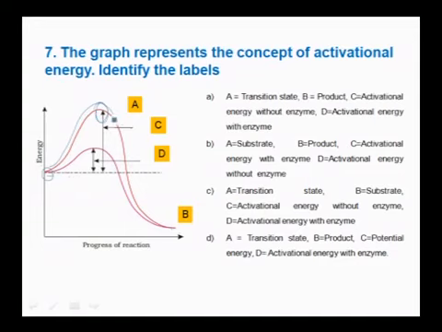And at the end, we have got B here, this indicates the product, and the arrow mark C is indicating the amount of activational energy that is required when a reaction is not associated with enzyme, and the arrow mark D is indicating the amount of energy required when the reaction is making use of an enzyme.